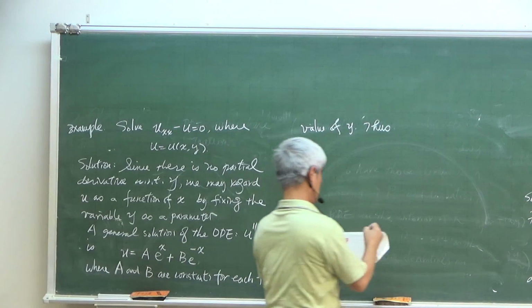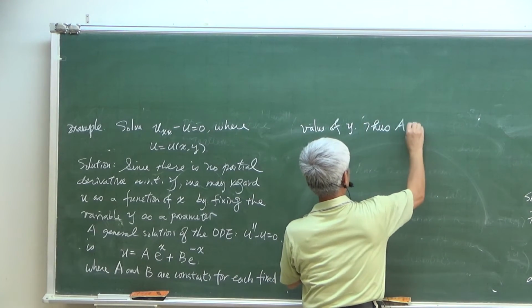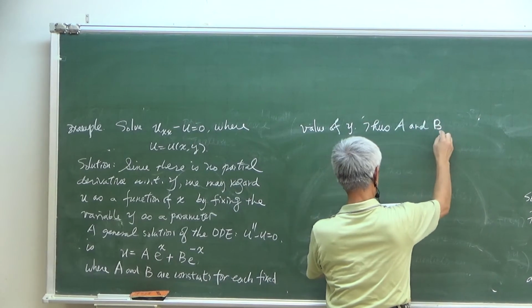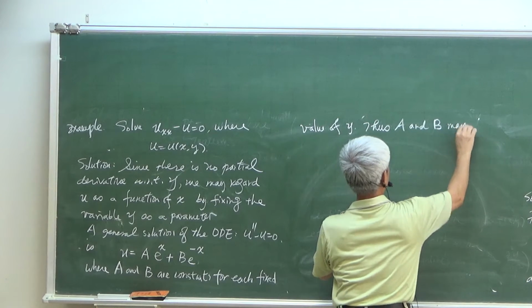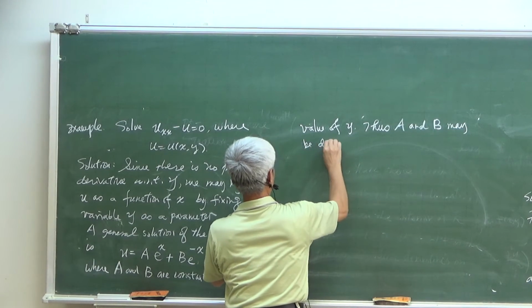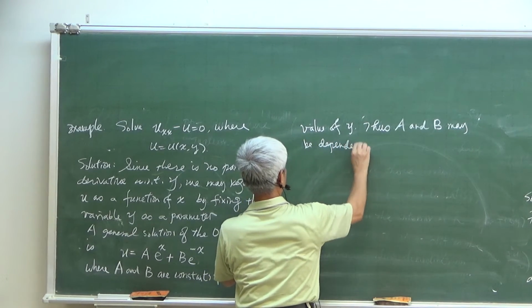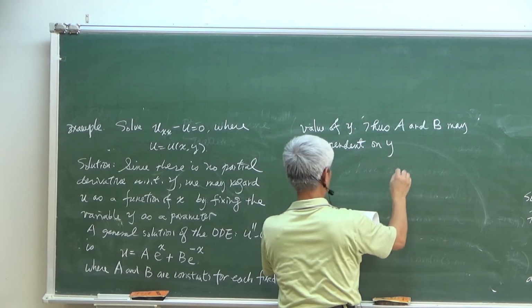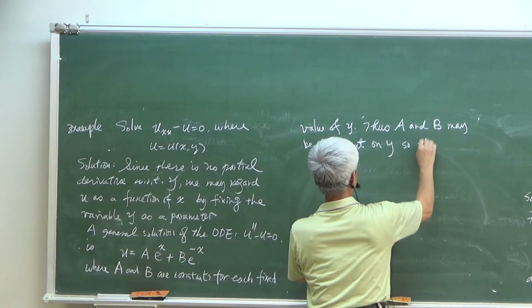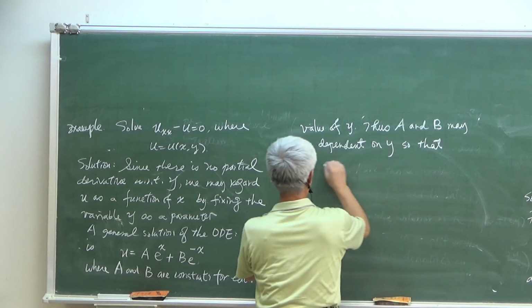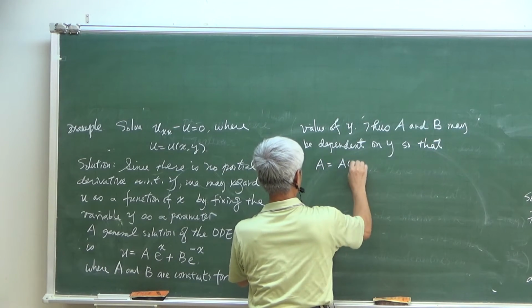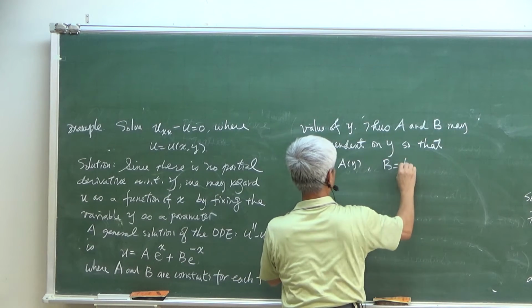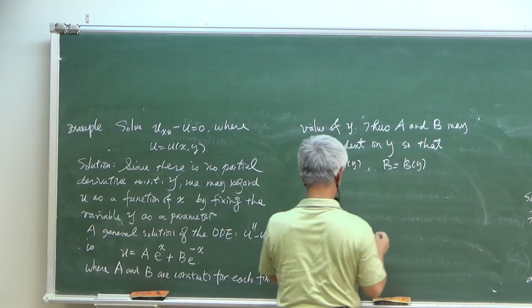So that a and b may depend on y, so that we put a = a(y), b = b(y).